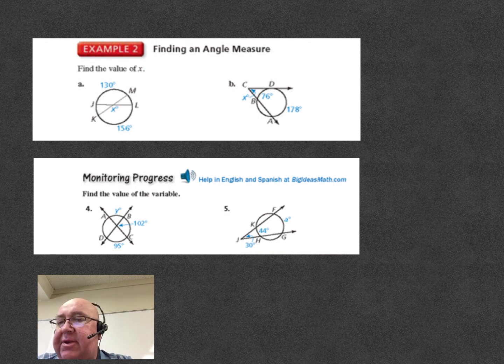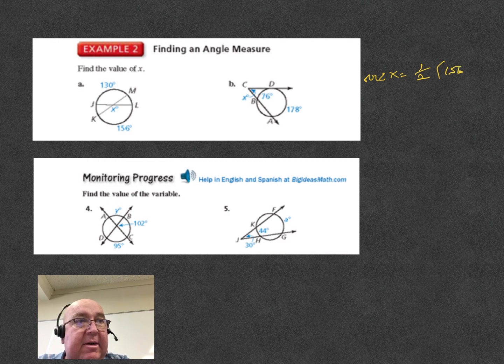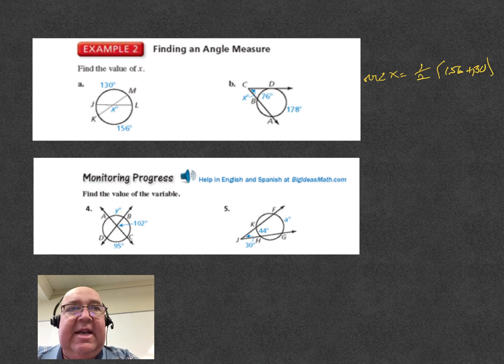So example 2, measure of angle X is going to be 1/2 of 130 plus 156, which is 286, and that is going to be equal to 143.